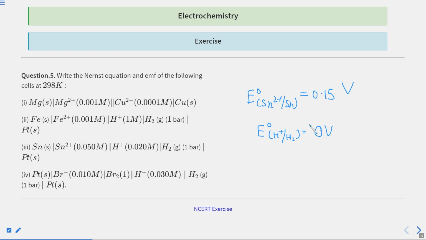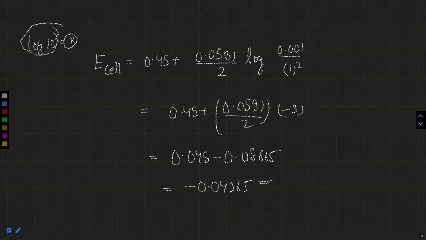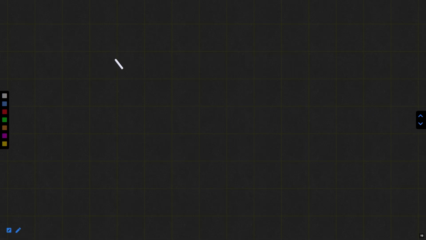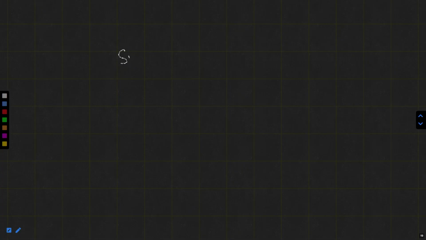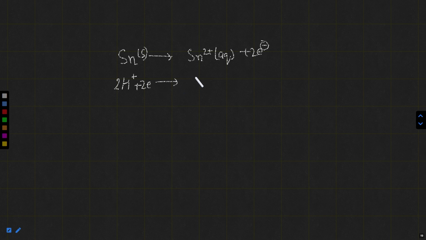Okay, so let us start the solution. First of all, write the equation. We are going from Sn to Sn2 plus. This will release 2 electrons. It is solid. And we have another species going from 2H plus, taking 2 electrons, going to H2, which is gaseous, and the H plus is aqueous.